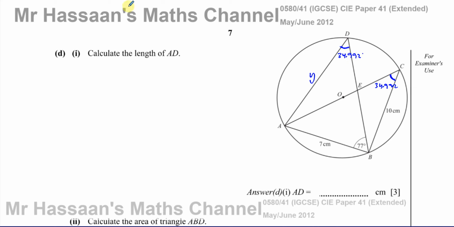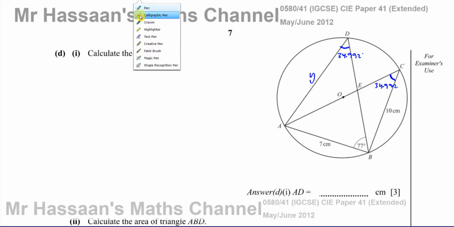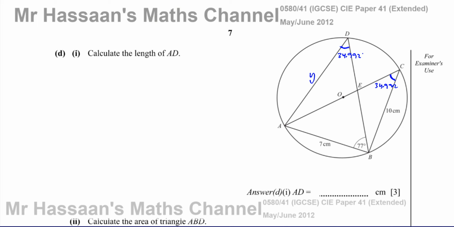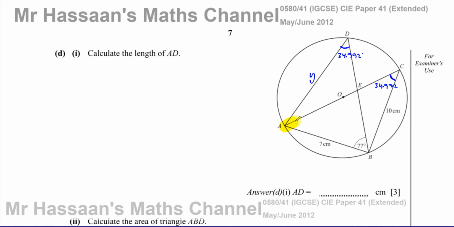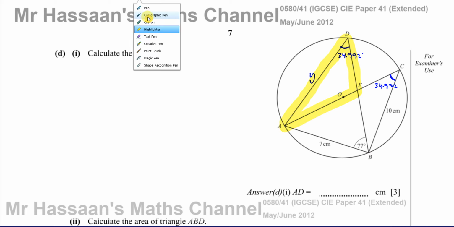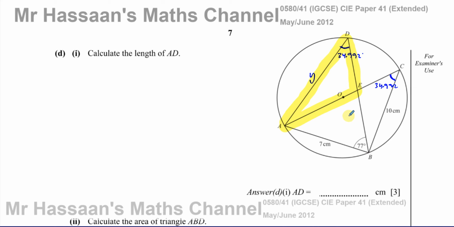So now I have this triangle here, and I can use another type of trigonometry. We don't have a right angle triangle anymore, but we have something that will help us. If I look at the triangle AED, no, sorry, not that triangle.